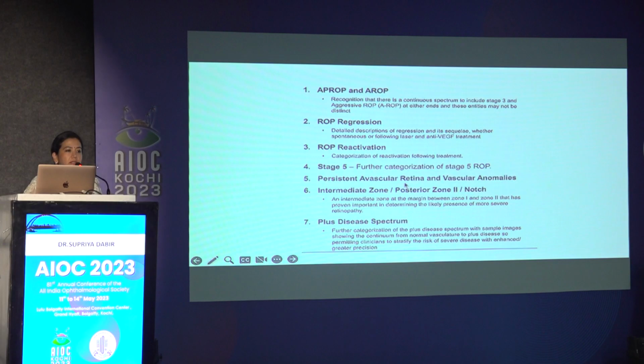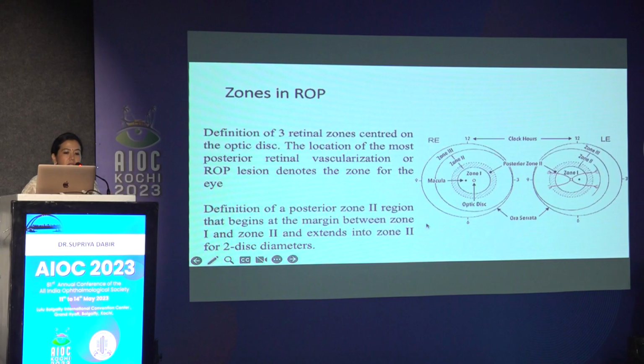As Dr. Jalali said, when do we treat them? 2 disc diameters. That definition is very important so that we don't go around treating every baby that we see with avascular retina. Also the posterior zone 2 has been reclassified, and the spectrum of plus disease has also been defined. So just a little more into that.